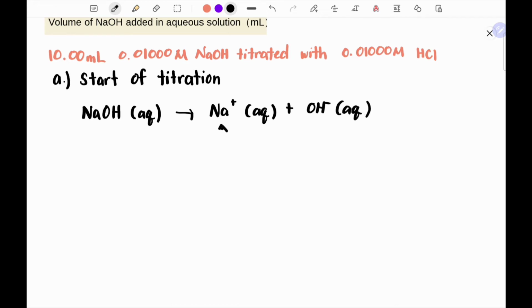Sodium ion has no activity as an acid or a base, so all we need to consider is the hydroxide anion. We know that the pH is the negative log of the hydronium ion concentration, but in this case we have the hydroxide ion concentration.